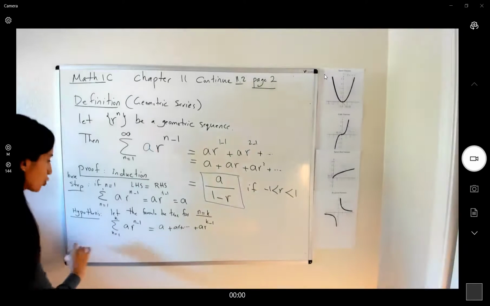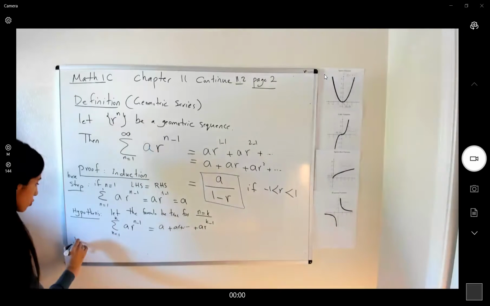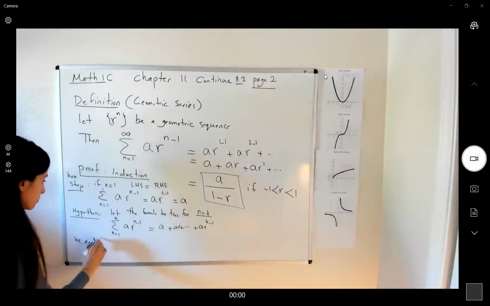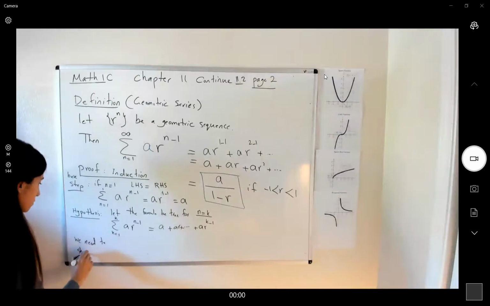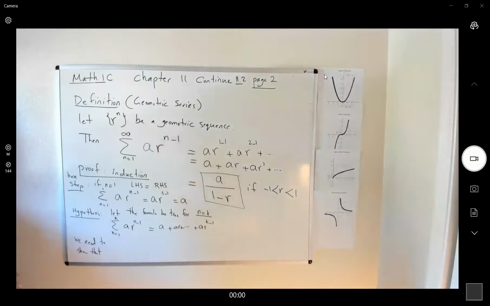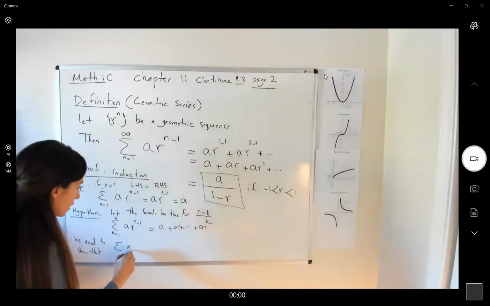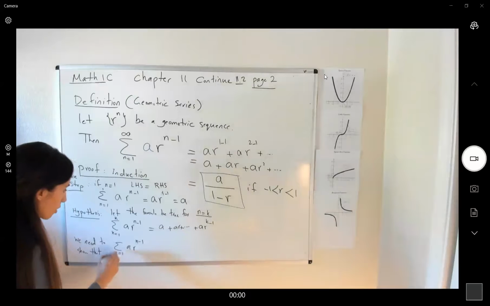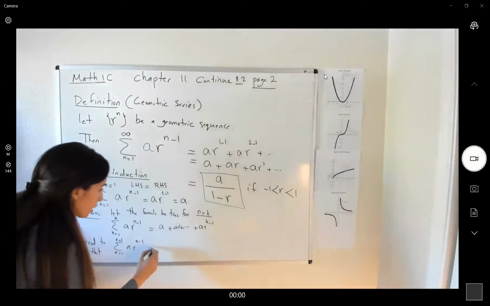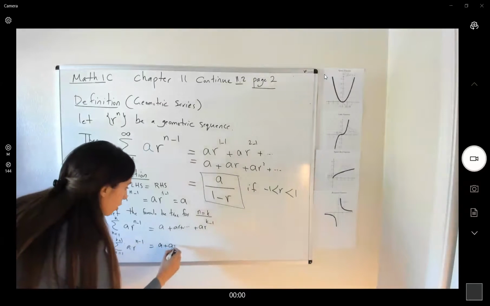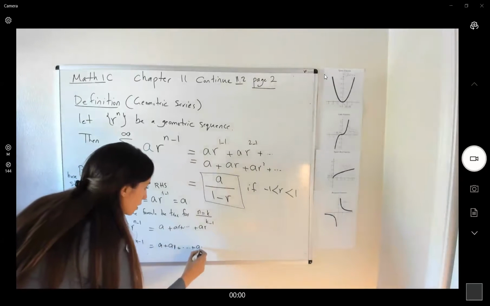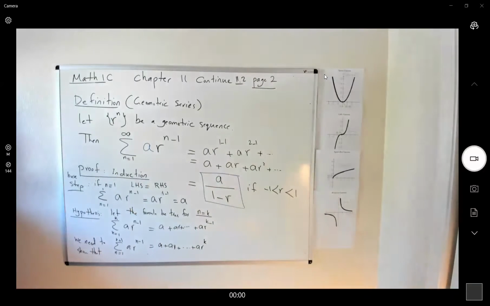Our goal is to show that the sum of a r to n minus 1, n from 1 to k plus 1, is equal to a plus ar plus up to ar to the k.